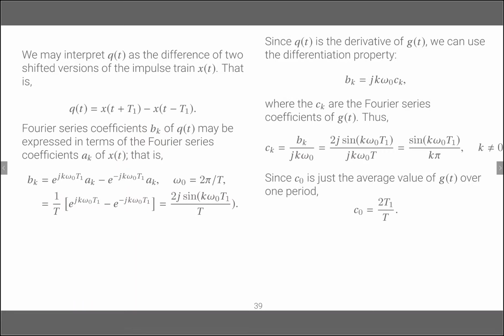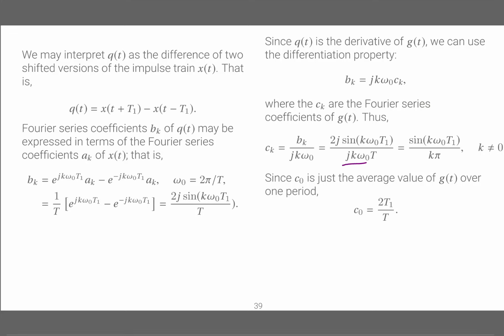Okay. Since q(t) is the derivative of g(t), we can use the differentiation property. bk equals jk omega naught ck, where ck are the Fourier series coefficients of g(t). Thus, ck is equal to bk divided by jk omega naught, equals j sine k omega naught t1 divided by jk omega naught and T. So this is what we wrote over here.